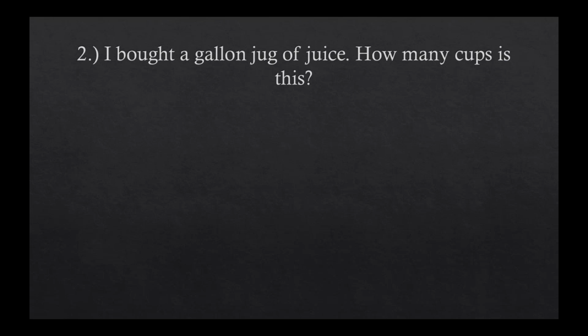So in number 2, I bought a gallon jug of juice. How many cups is this? All right, so we start with I bought a gallon, right? We know that a gallon is 1. So I'm starting with 1 gallon over 1. Okay, I want to go to cups.